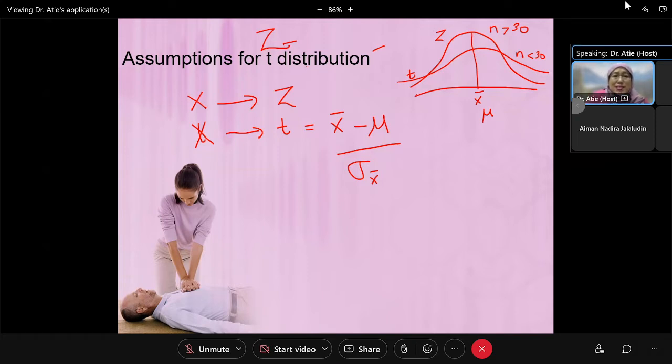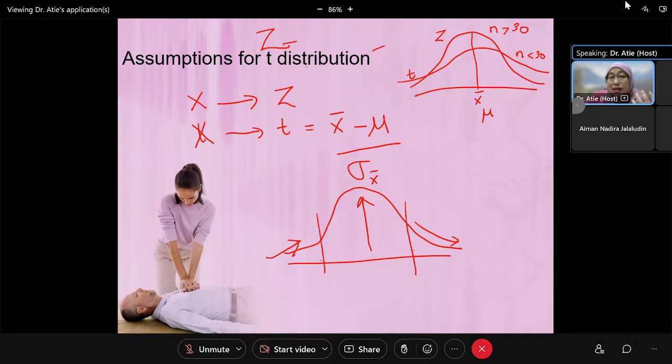Normal means the center has the highest peak and the tails decrease, and the majority of your sample will be located at the center. That is what we call normal distribution.